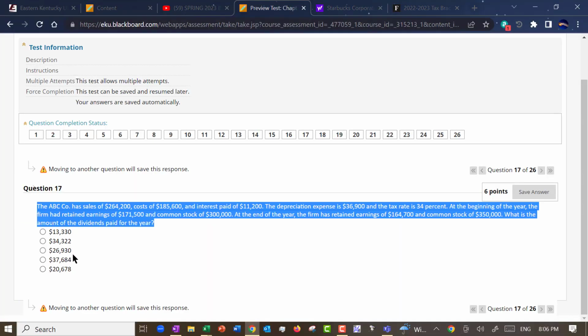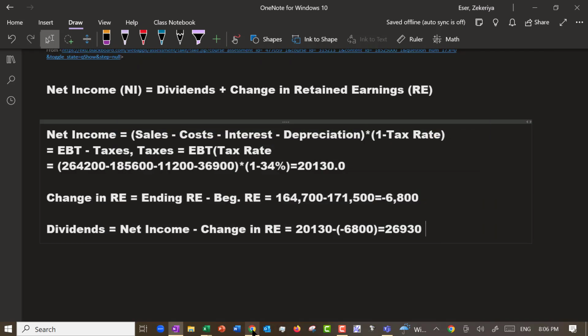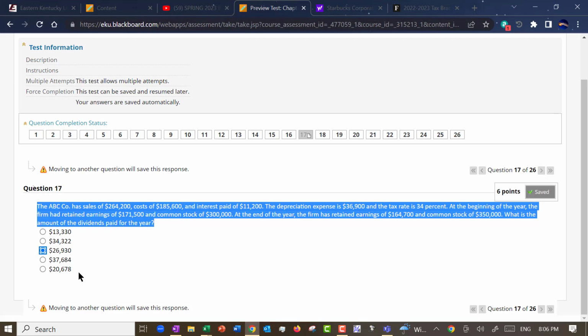That should be one of the answers, right? And if you check it correctly, you may find 50,000 minus 6,800, 76,930 as one of the answers or something like that. I don't know.